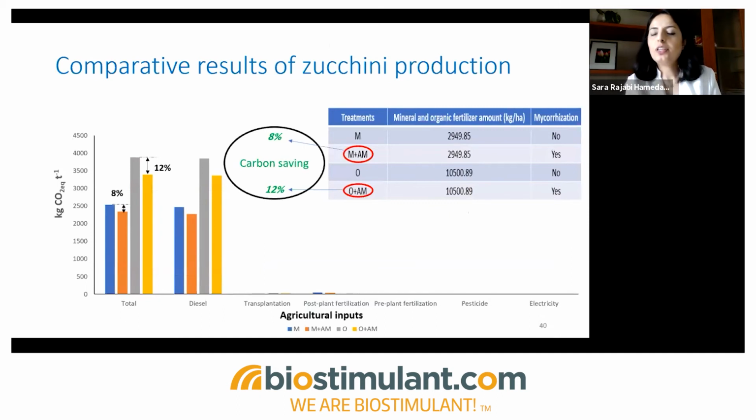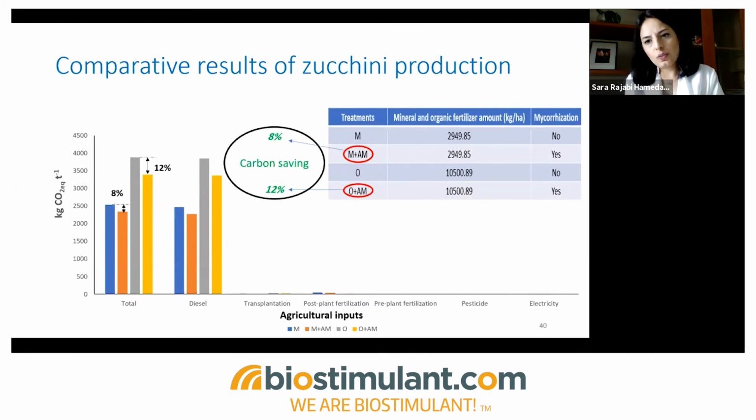Since the functional unit selected is 1 ton of harvested crop, an increase or decrease in fruit yield has a reverse impact on total carbon dioxide emissions.